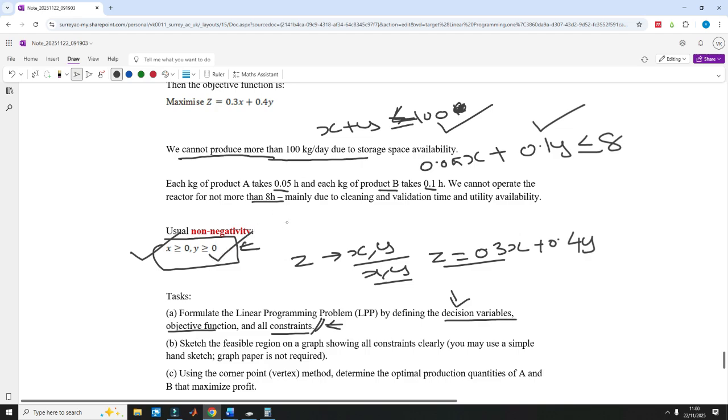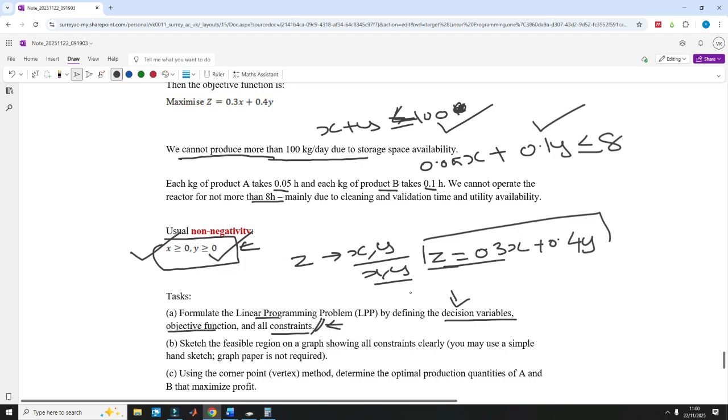So you have one profit function, the cost function, and then subject to constraints, 1, 2, 3, 4, four constraints. To formulate the LPP means what we did now: we managed to write the cost function, identified the decision variables, and wrote all the constraints.